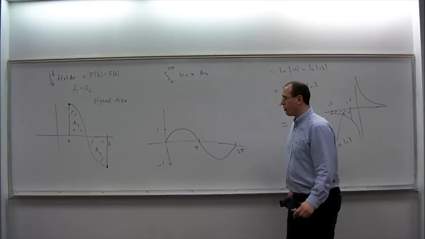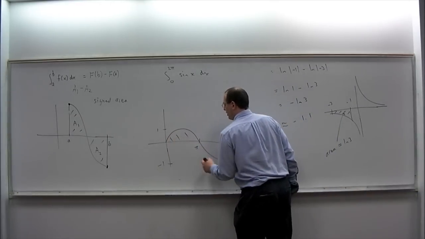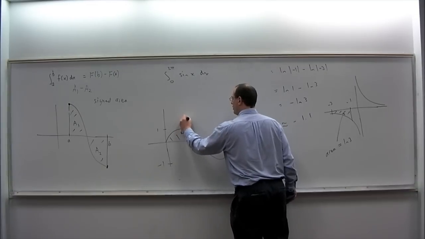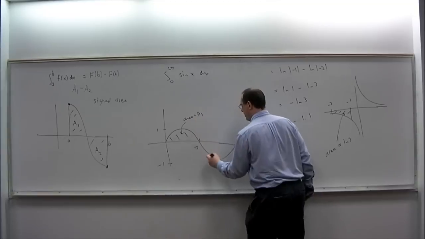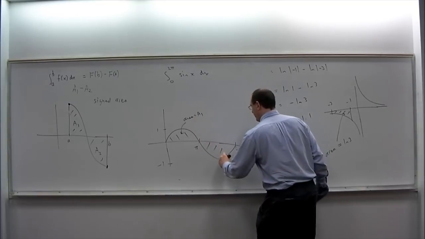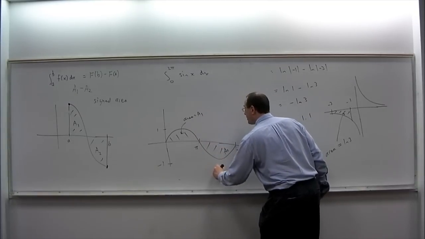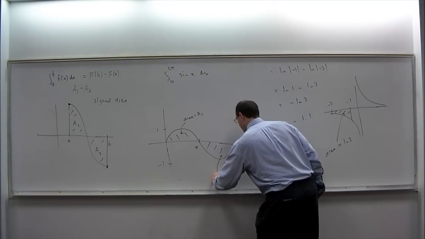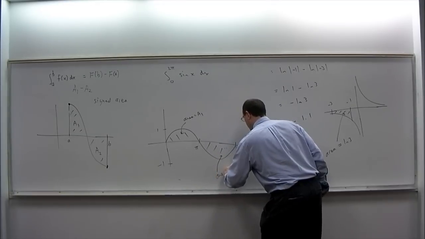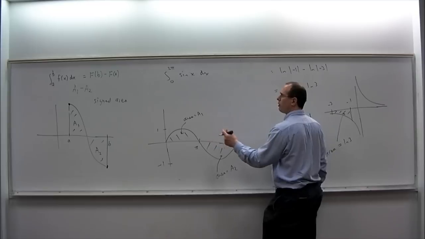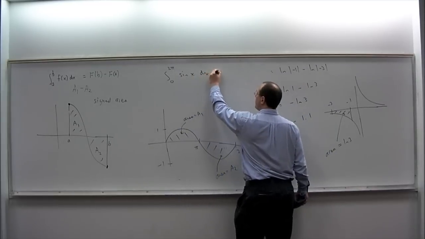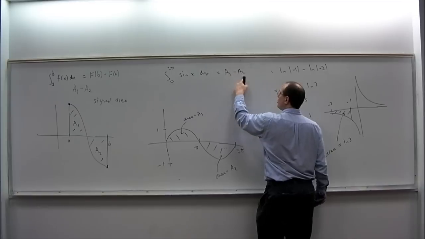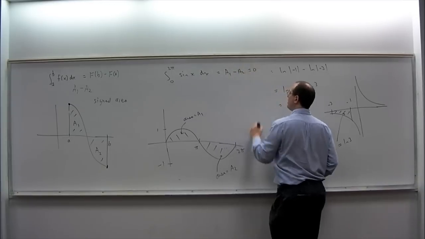And my poor drawing skills aside, the area of this region and the area of this region should be exactly the same. And so, according to what I've just said about signed area, this should be A1 minus A2, and these should be equal in area, so we should get 0.